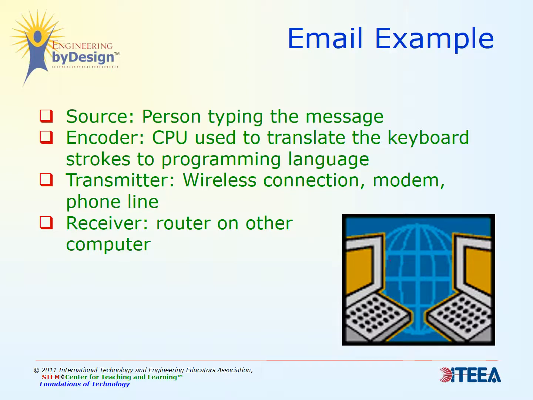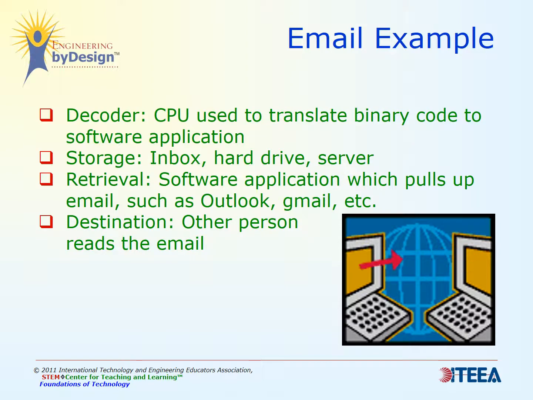So you've got communication going from one PC to another one and vice versa. Your decoder, of the email example continued, is the CPU that's going to translate binary code to the software application that is being used. Remember, our binary code has ones and zeros.